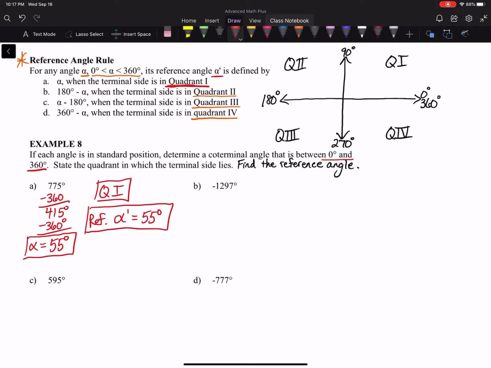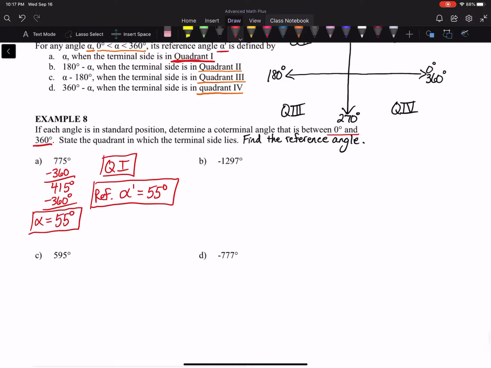Part B, negative 1,297 degrees. Now, remember, the negative just meant they go clockwise. Okay, that's all that means. So we're going to add 360. Let me get my calculator out.